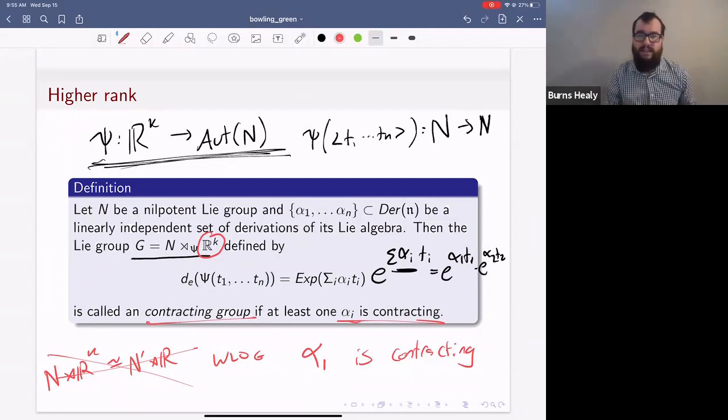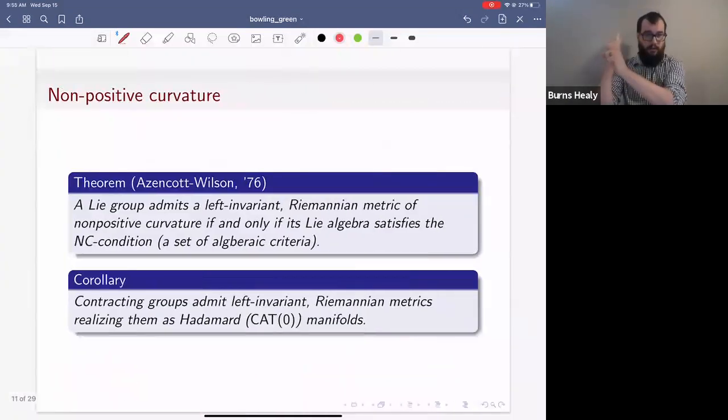The next best thing is CAT(0). Okay. So we're going to get out our big sledgehammer here. And what is our sledgehammer? Our sledgehammer is a theorem of Eberlein and Wilson, also from the 70s, which says I can tell you exactly when a Lie algebra has an inner product on it that turns the Lie group into a Hadamard manifold.